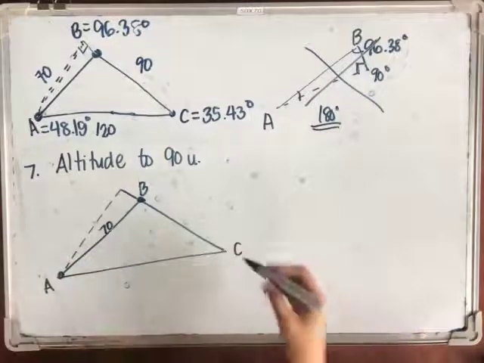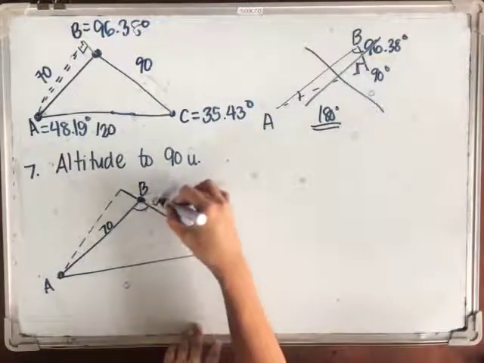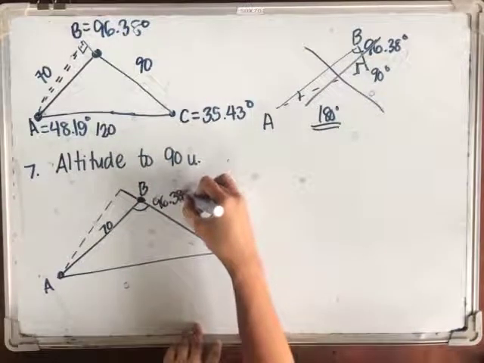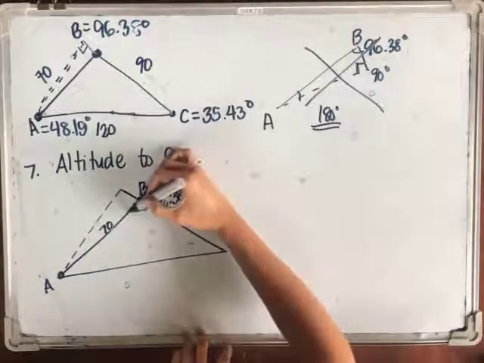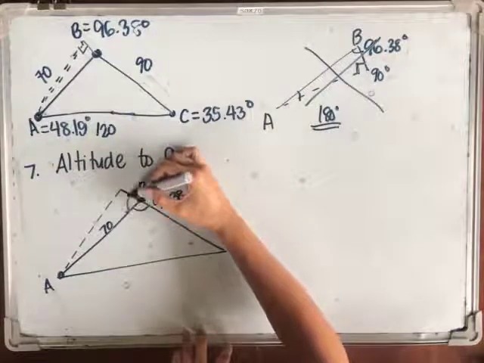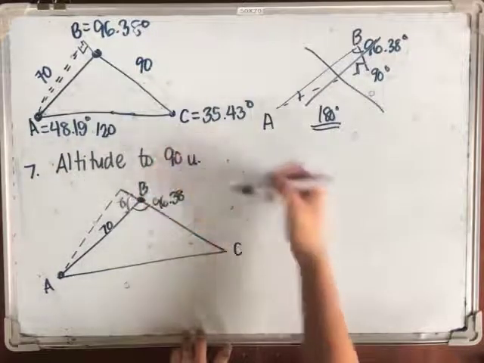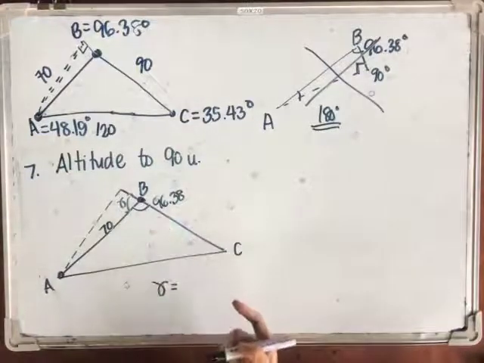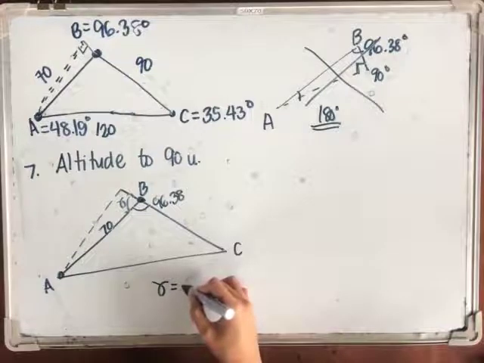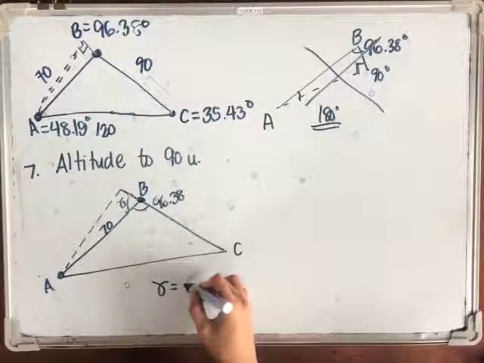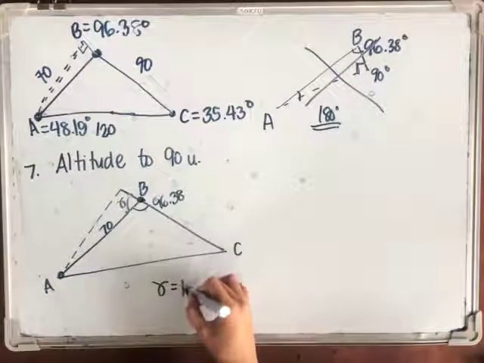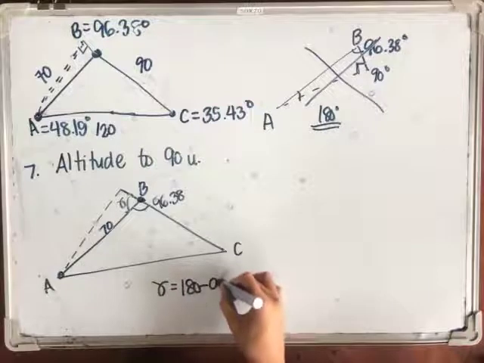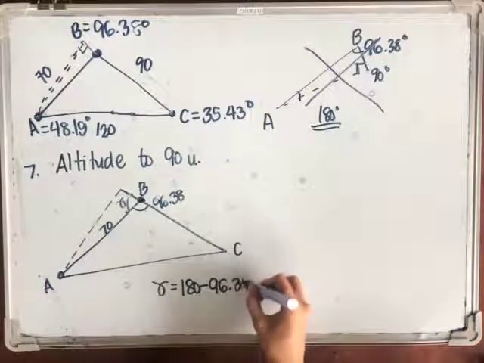Now, if this is 96.38, how much is this angle then? How can we get it? Let's say angle gamma. Angle gamma is the supplement of this 96.38. We can get that by computing 180 minus 96.38.